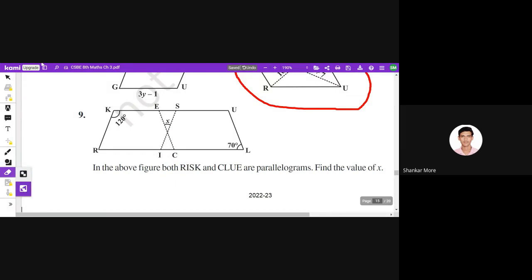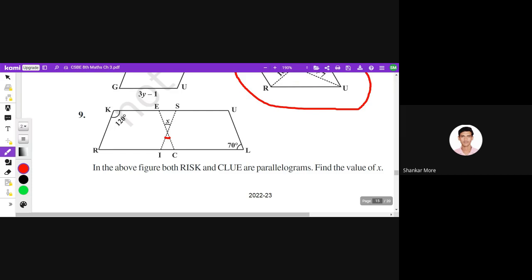थर्ड वन क्या है? So if this is x, so this is again going to be x, right? This is going to be x itself. So x plus 60 plus 70, तो x की वैल्यू कितनी आएगी? 50 आएगी, right?